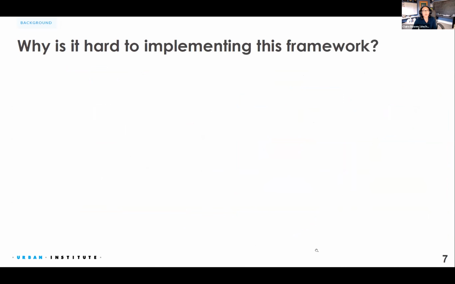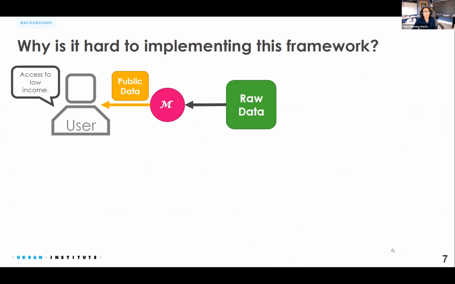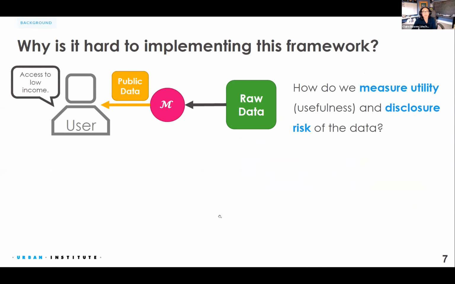And so why is this so hard to implement, and why don't we get more access to data? Well, in the case of getting the public data, when somebody says, I need access to low income data, the question comes up of how you measure the usefulness of the data, which is pretty tricky because you can imagine there can be an infinite number of different things that people could do to the data, and you can't account for all of them.